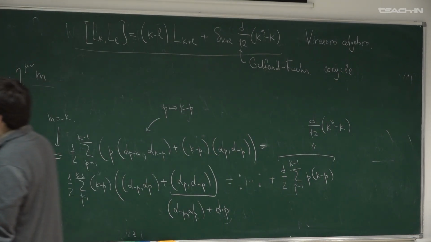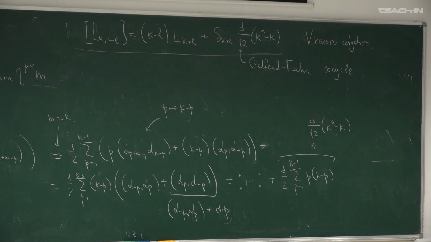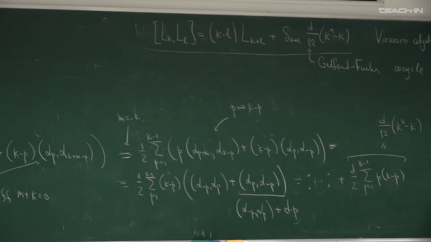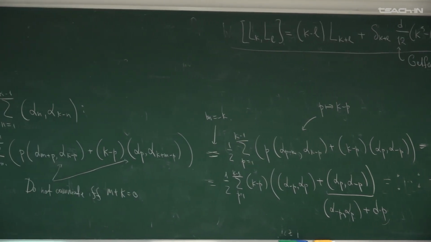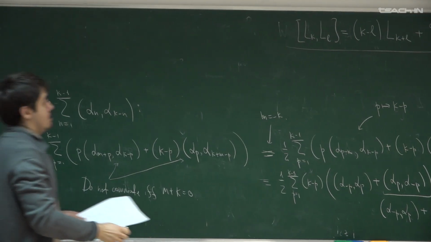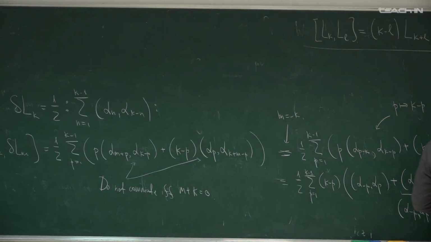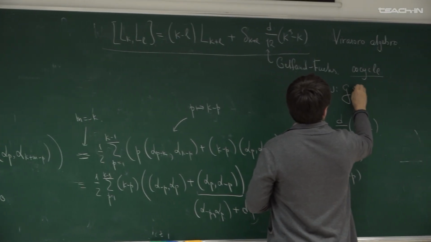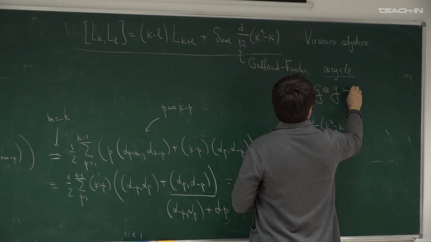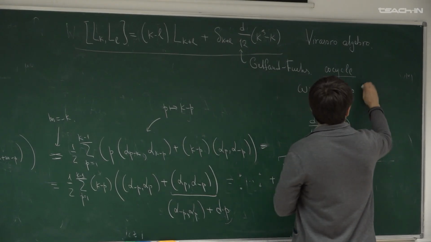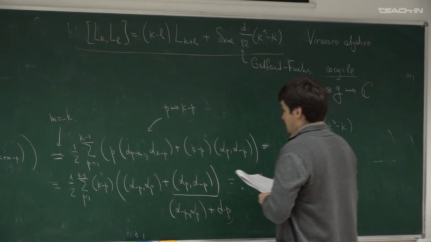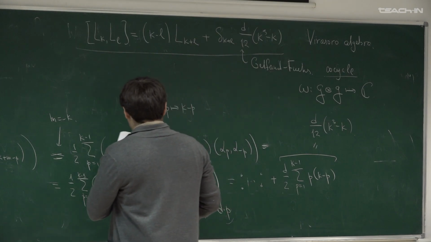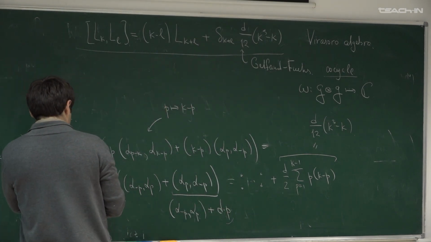So these central extensions, like the one that arises in the Virasoro algebra, can be understood in terms of what is known as a cocycle, right? So a cocycle is a map from Lie algebra cross Lie algebra to complex numbers, satisfying some properties.